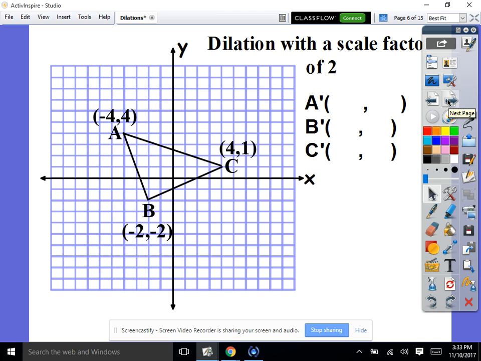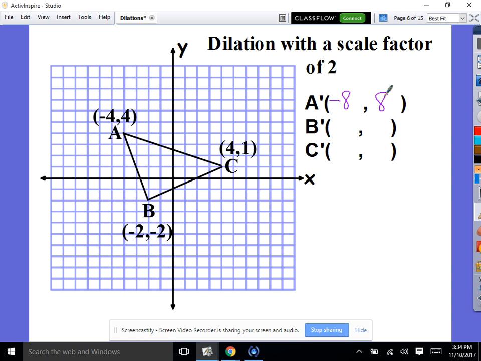All right, dilation with a scale factor of 2. Our rule is to multiply by the scale factor. So somewhere on your notes, I want you to write, rule is multiply by scale factor. All right, so if we have A at -4, 4, if we multiply by 2, A prime becomes -8, 8.